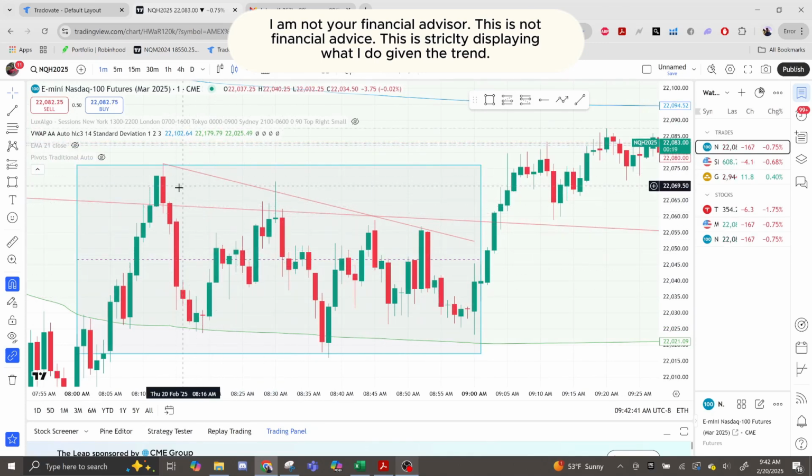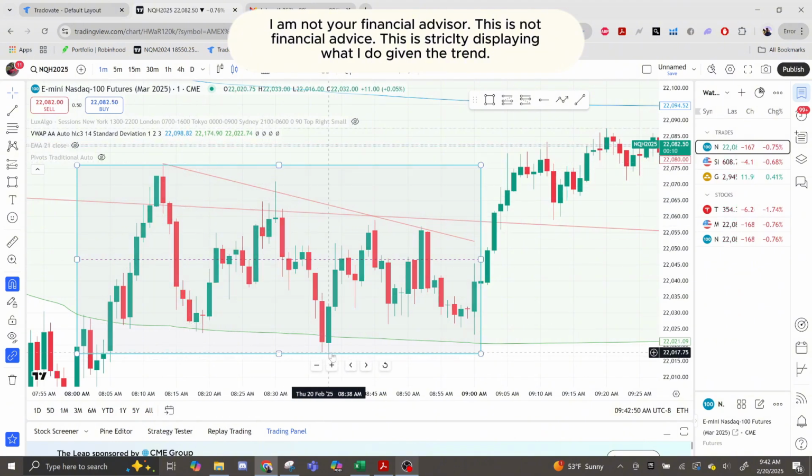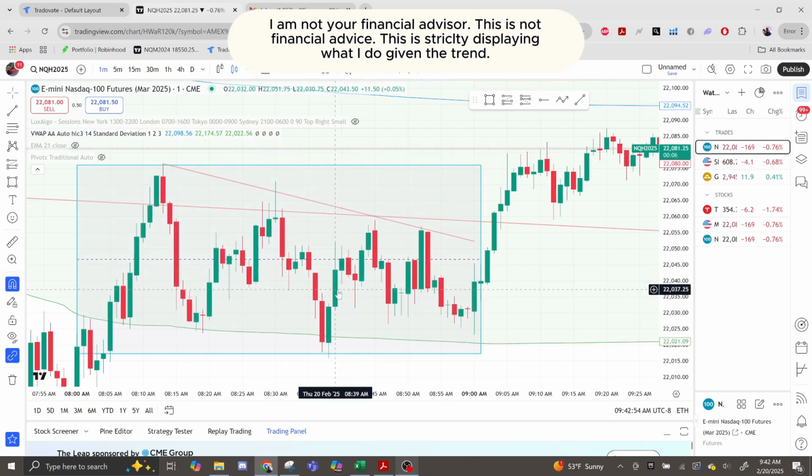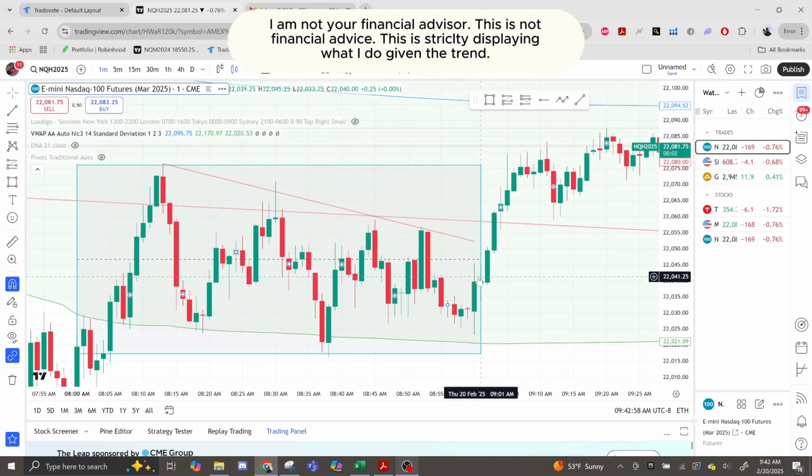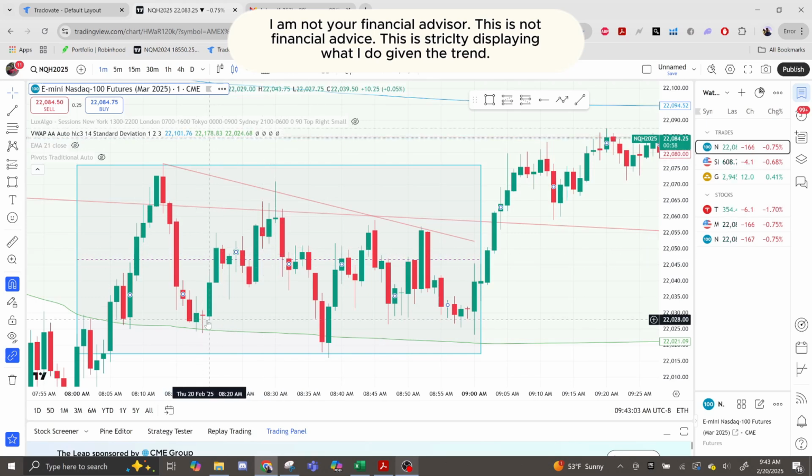You don't really become aware until, for example, there's a high created like this one and a low created. That's when you're like, okay, we're in consolidation from here to here. This is like the golden zone because you have your high and your low.